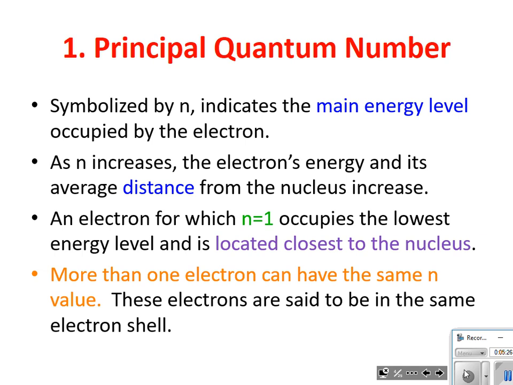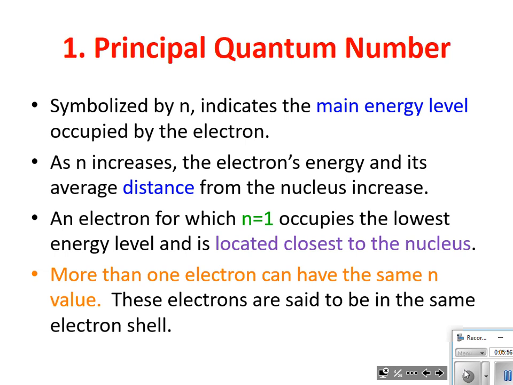All right, so the principal quantum number is symbolized by the letter N. So if I might ask you, well, what is letter N? Or what is the main energy level? Okay, we are talking about the principal quantum number.